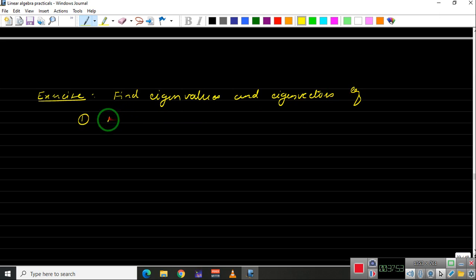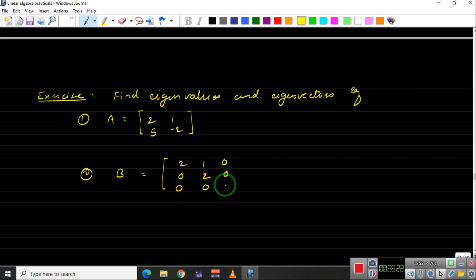Say first A equals, let me give a 2 by 2 matrix, 2 1, 5 and -2, and let me take another matrix B equals, something like this, 2 1 0, 0 2 0, and 0 0 2.